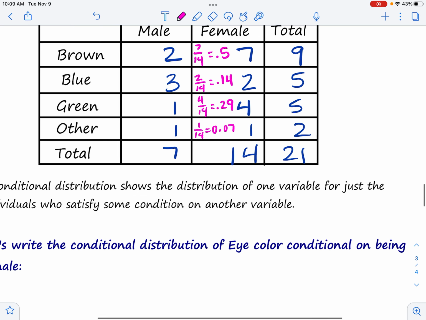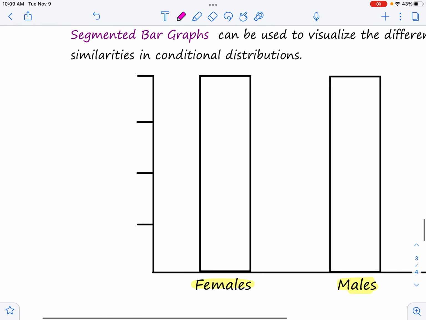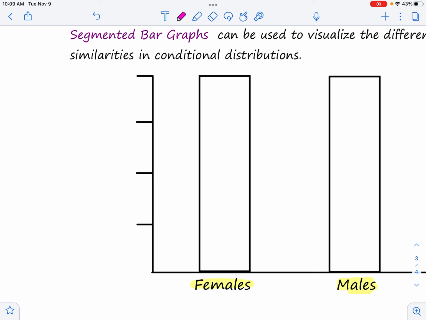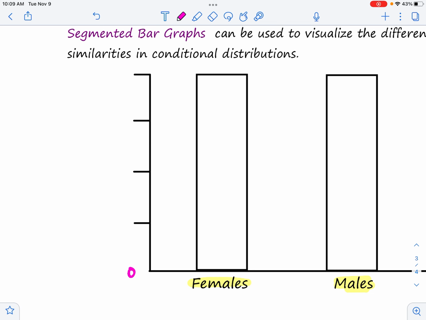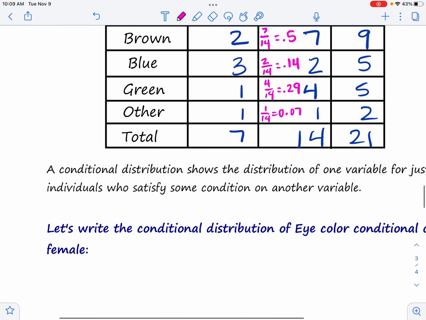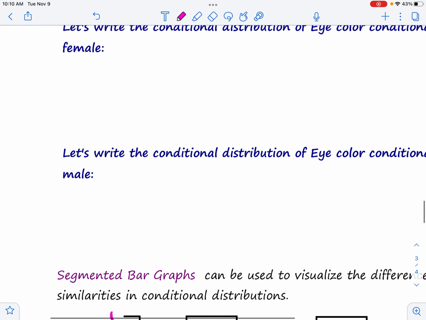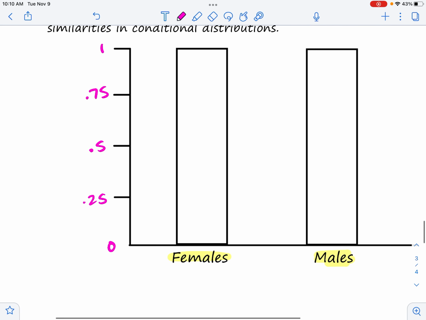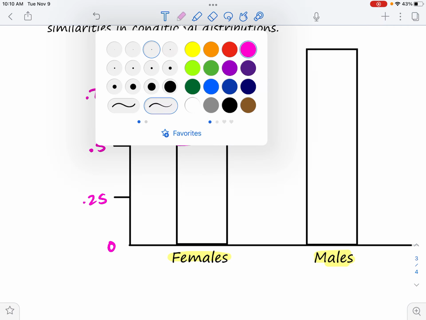And now when I come down to the segmented bar graph, I'm going to label my vertical axis from 0 to 1. So I might do 0.25, 0.5, and 0.75. And I'm going to break up the female's bar based on the proportions we found here. So brown is 0.5, so I'm going to go up to 0.5. And maybe I'll use some colors.